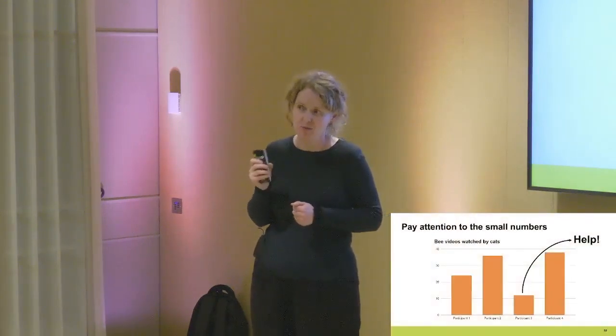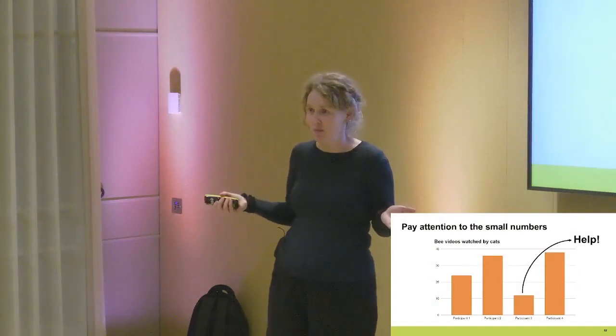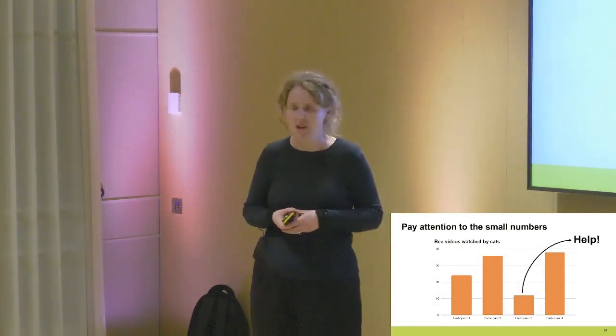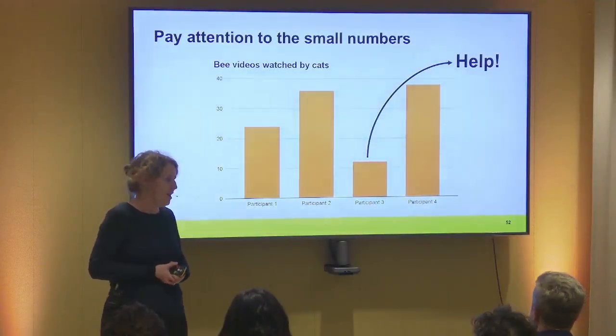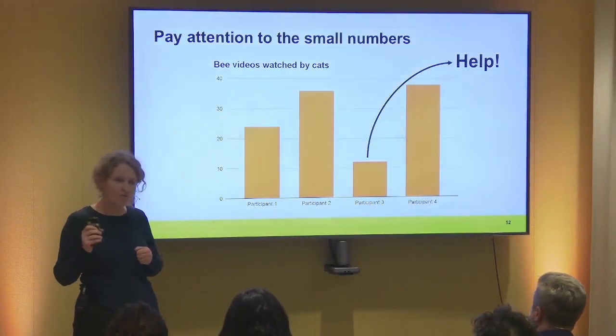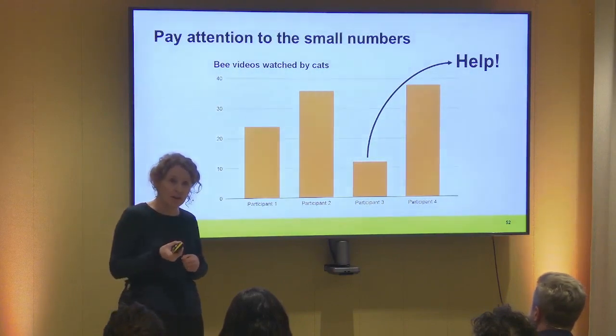Pay attention to the small numbers. Any quant data has its small numbers. These are often called outliers or edge cases or stress cases. They're often where you find really interesting things that you might need to investigate further, or things that challenge the insights you have about the outcomes your thing is trying to achieve.